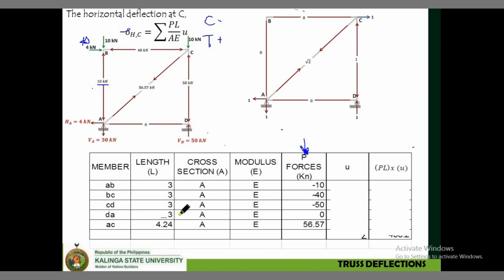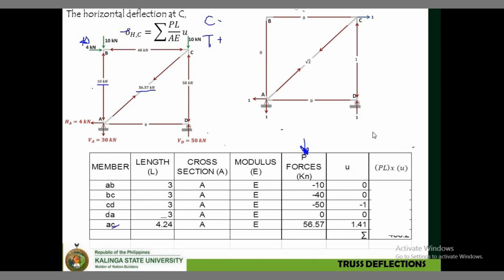negative. Kay AC naman, AC, 56.57 kilonewtons, positive kasi yung direction ng arrow ko is away from the joint, and that is under tension. Okay po? Yan, dyan ko nakuha yung values ng aking P. Next, paano yung value ng U?